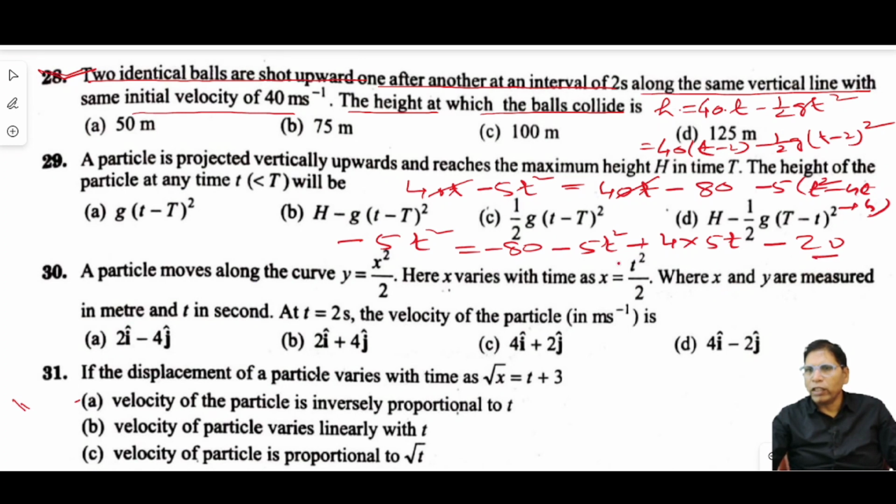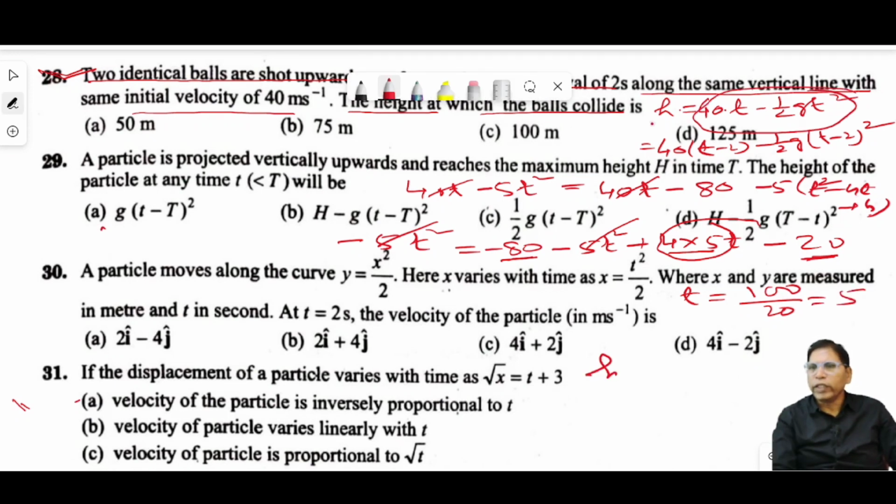Now minus 20 and minus 80 is minus 100. The minus 5t squared terms cancel out. So look at this. 20t equals 100. Therefore t equals 100 by 20, which is 5.